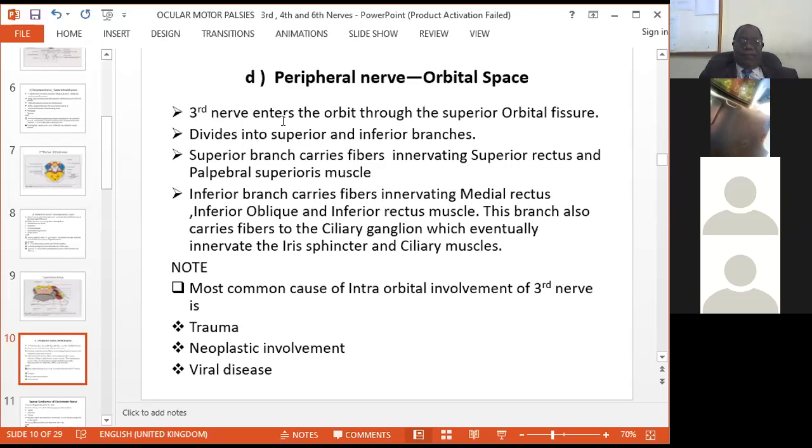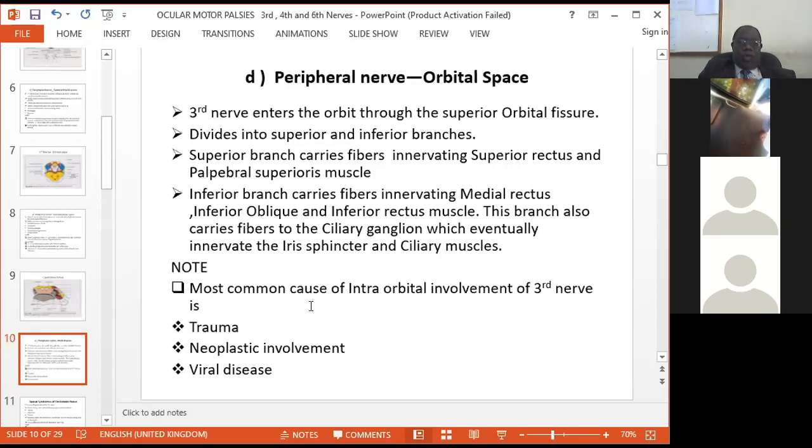The superior branch carries fibers innervating the superior rectus and the levator palpebrae superioris muscle. Inferior branch carries fibers innervating the medial rectus, inferior oblique, and inferior rectus muscles. This branch also carries fibers to the ciliary ganglion, which eventually innervate the iris sphincter and ciliary muscles.